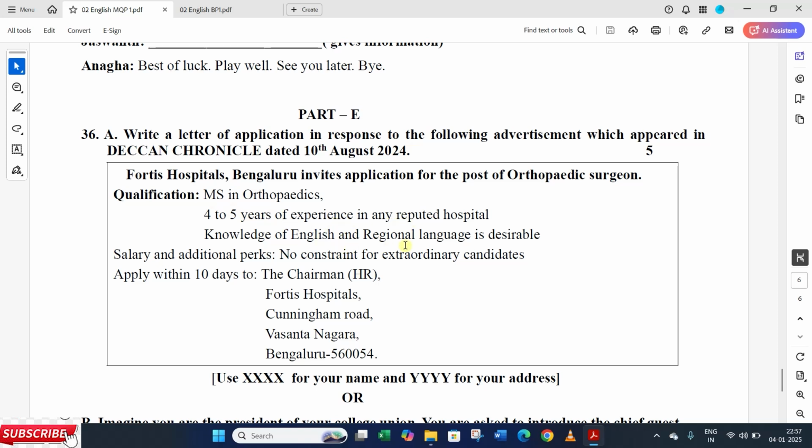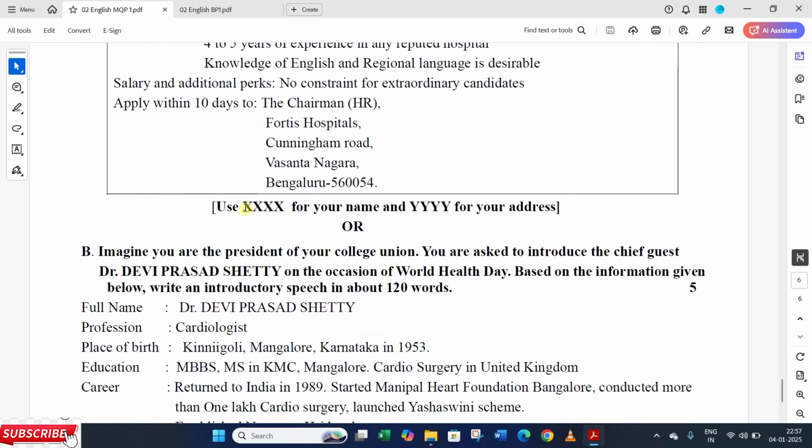Knowledge of English and a regional language is desirable. Salary and additional perks: no constraint for extraordinary candidates. Apply within 10 days to the Chairman, HR, Fortis Hospitals, Cunningham Road, Vasantanagar, Bengaluru. My dear students, at the end of this advertisement they have given XXX for your name and YYY for your address. So you have to write the same as they have given here. You should not write anything else. In detail I will talk about the letter writing further.